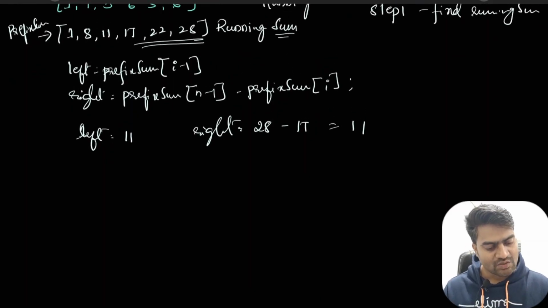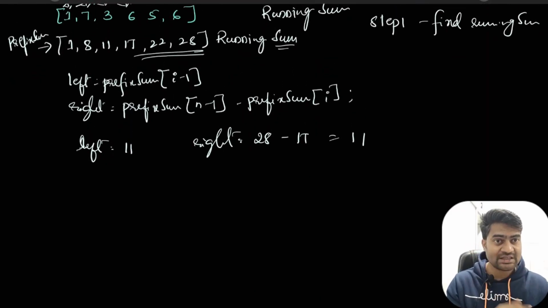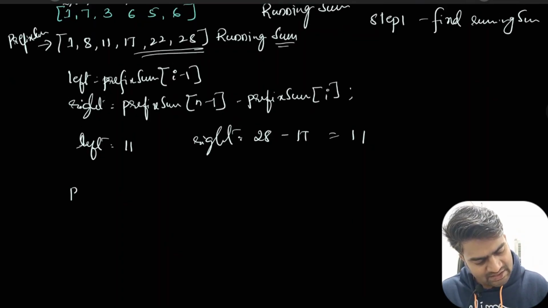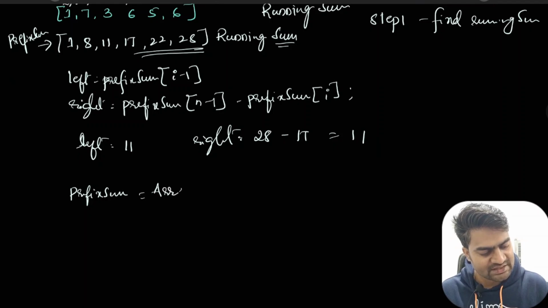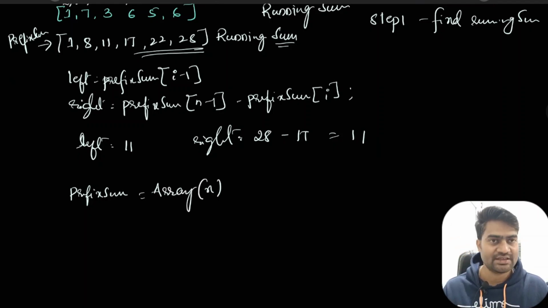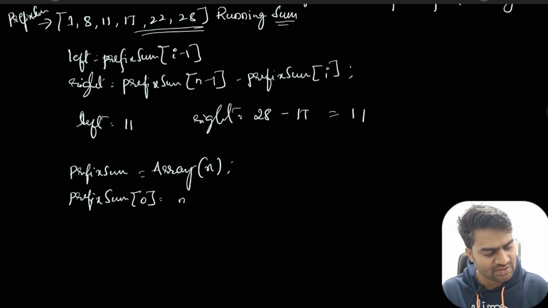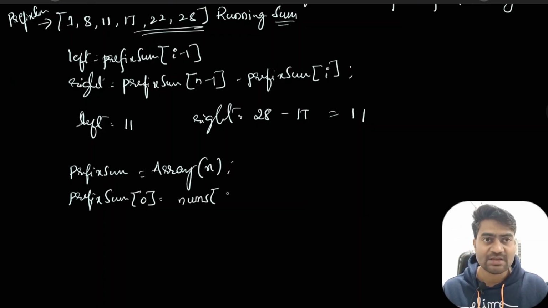So basically what we did, first we found the prefix sum. I will take prefix sum as an array of size n. Then prefix sum of 0 equal to nums of 0. Basically we are trying to find the running sum.